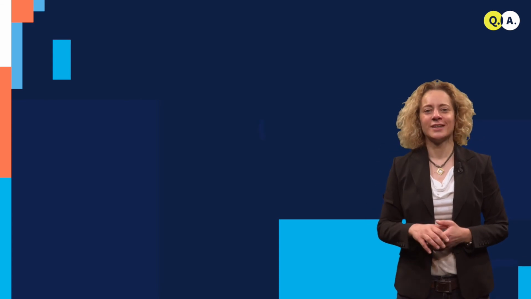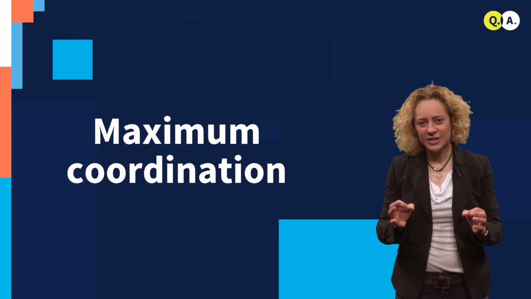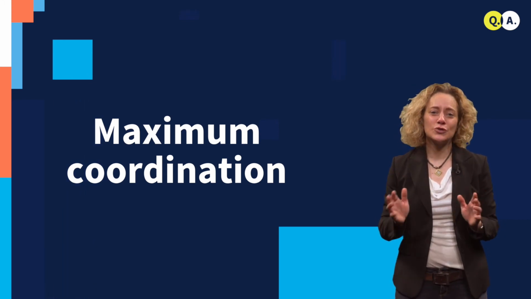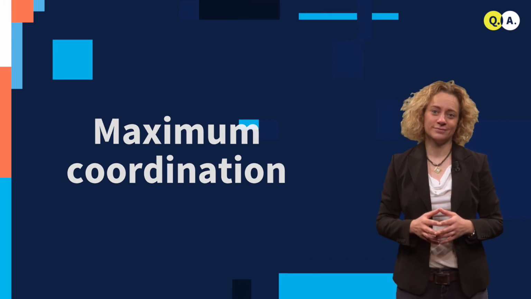If I were to ask the qubit, "Qubit, are you red or blue?" then we would always observe maximum coordination. Red-red or blue-blue, but never anything else. So the first feature of entanglement is maximum coordination. And it is this feature that makes entanglement so suitable for tasks that require synchronization or coordination.